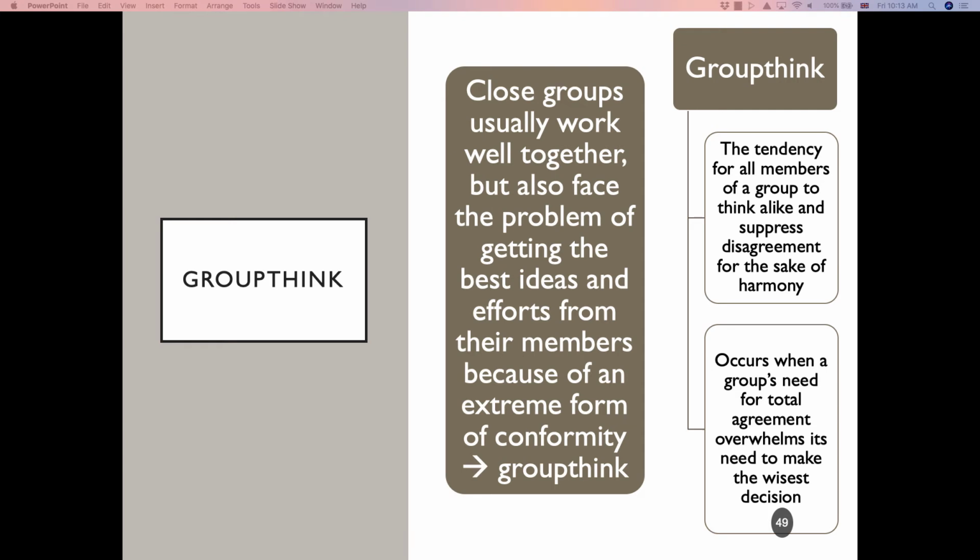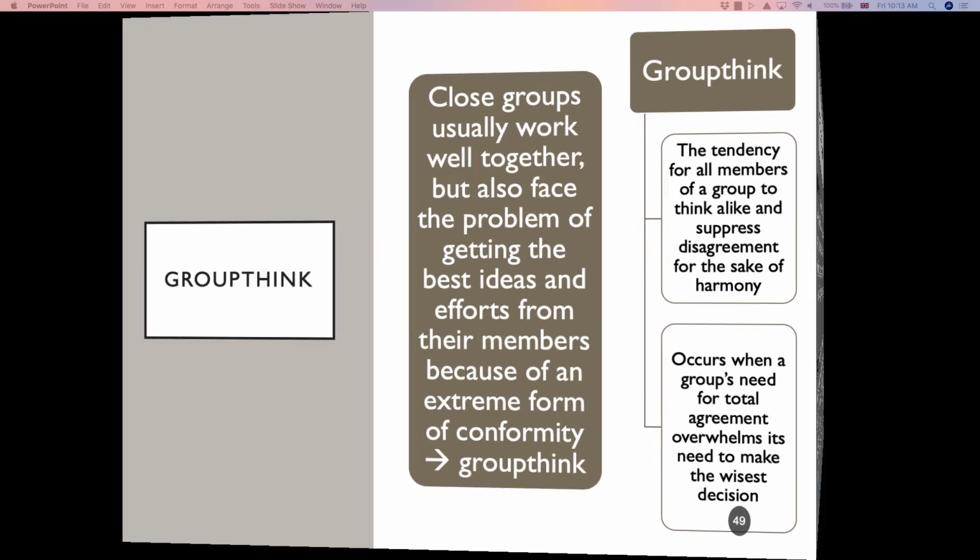It's usually about harmony of the group. You suppress your disagreements to believe what everybody else is believing, because you feel that the group's need for total agreement overwhelms your individual beliefs.